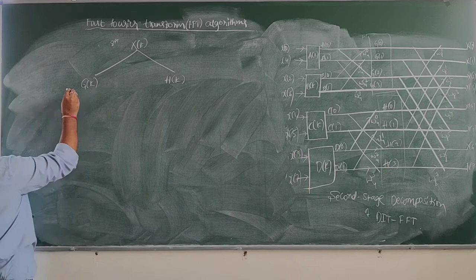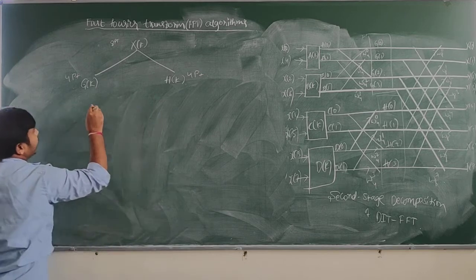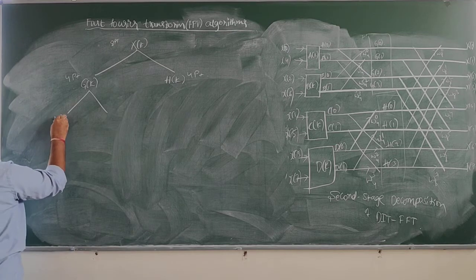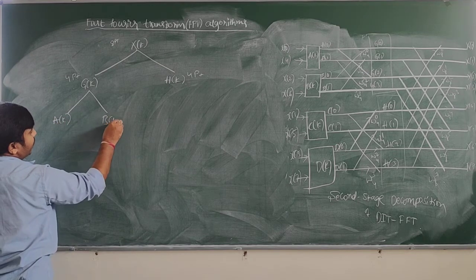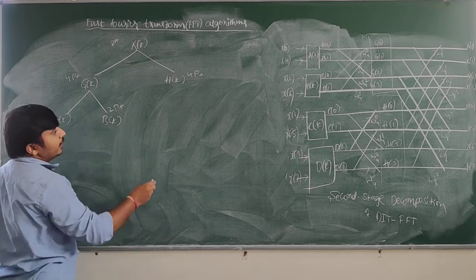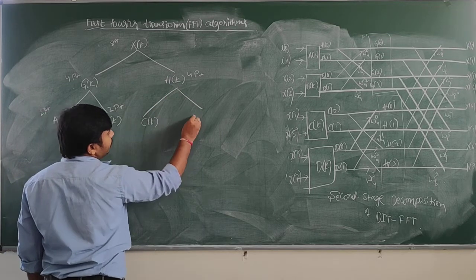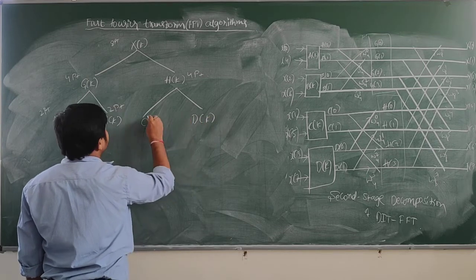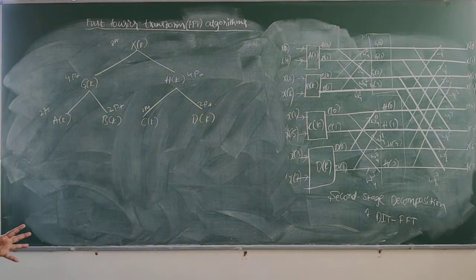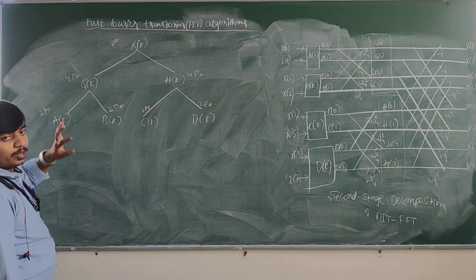Correct? So this g of k is 4-point and this h of k is also 4-point. Again, I have split this g of k into two parts, that is a of k and b of k, where a of k is a 2-point DFT and b of k is also a 2-point DFT, and this h of k is split into two, that is c of k and d of k. This is also 2-point, this is also 2-point. This is called decomposition. Okay, so again I will decompose these 2-point DFTs into 1-point DFTs.